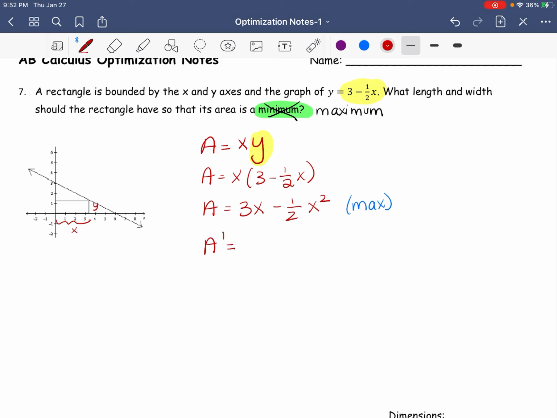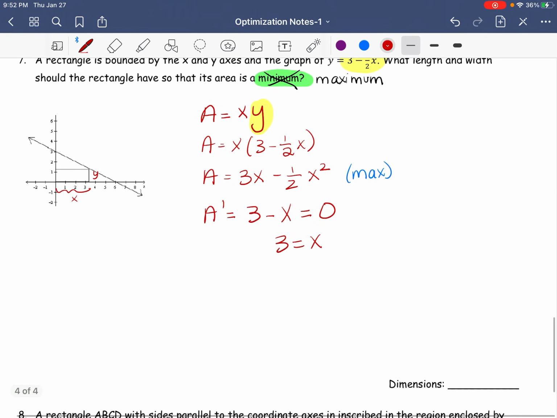A prime: 3 minus, if I swing this to the front, they cross off and I just have x. Set it equal to 0 to find a max, and I get x equals 3. So my maximum rectangle would have a length of 3. Under my dimensions, I'm going to put 3 by.